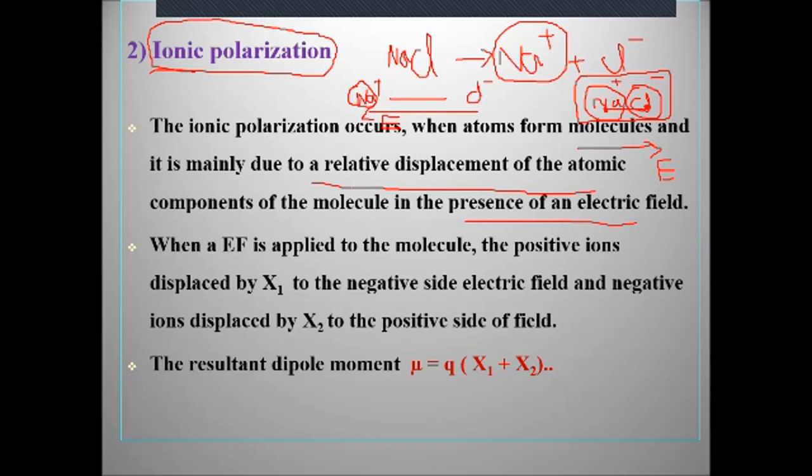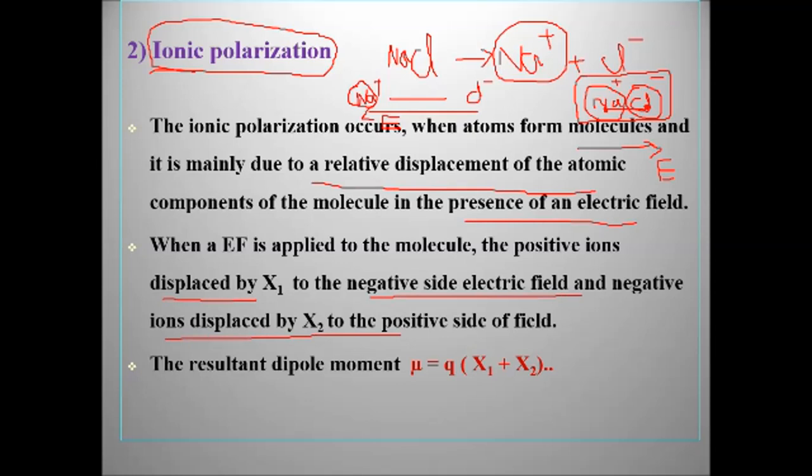The negative ions and positive ions are displaced according to their charges when an electric field is applied. That is called ionic polarization.